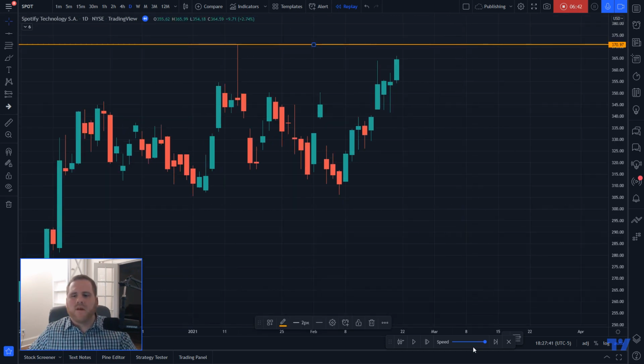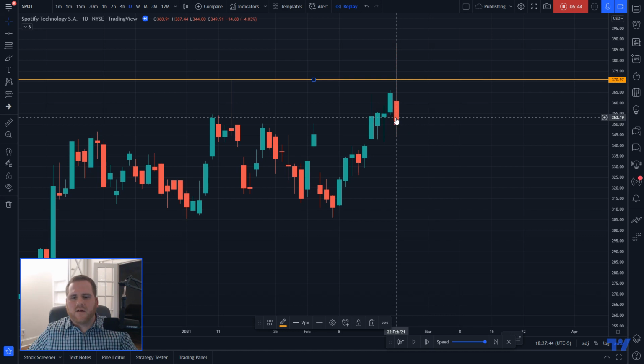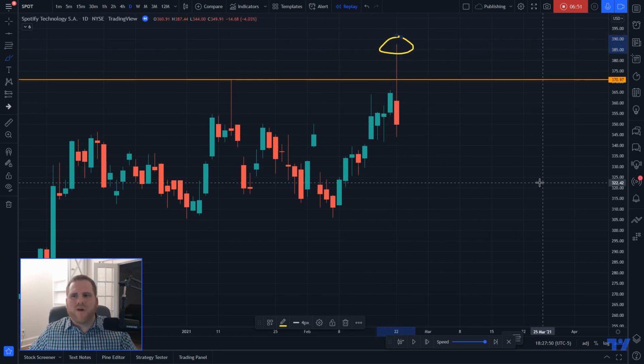We'll call it 371. And then on the 22nd of February, 2021, buyers tried to break it out and they touched close to 390. But within that same day, it's very clear to see, they failed to push it higher and price closed back inside that high.